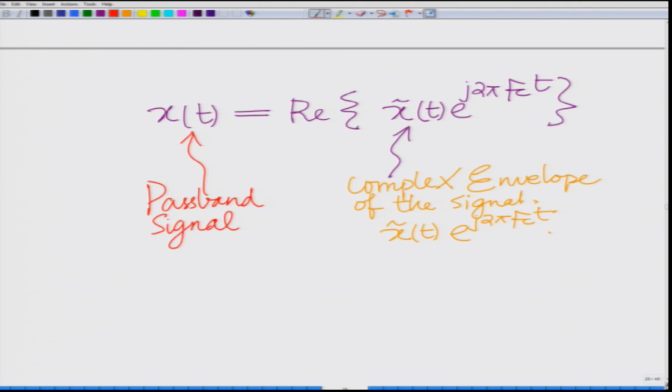And therefore, this is an important principle in communication: every passband signal x t can be reduced to an equivalent complex baseband signal x tilde t. And this is very useful for the analysis of communication systems, because all the analysis can be carried out in the baseband by establishing an equivalence to this complex baseband signal.